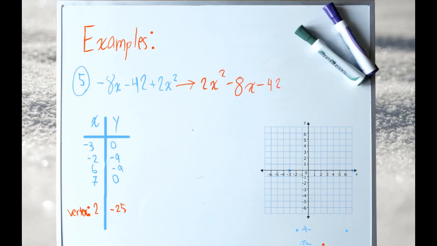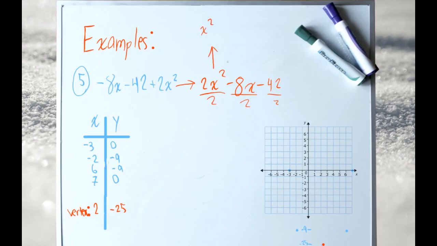We can divide every single term by what number? 2. Let's do it. 2x squared divided by 2 is just x squared.